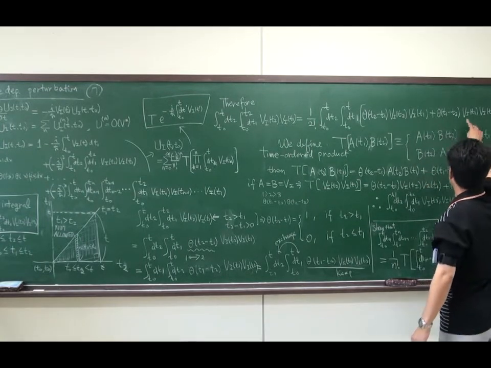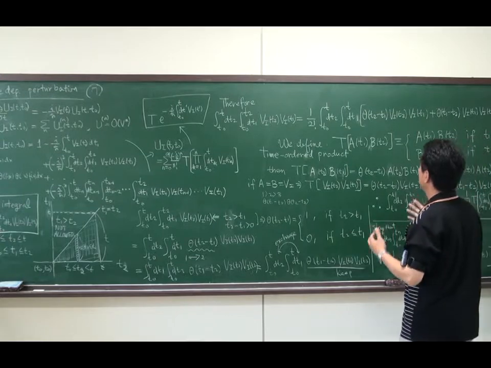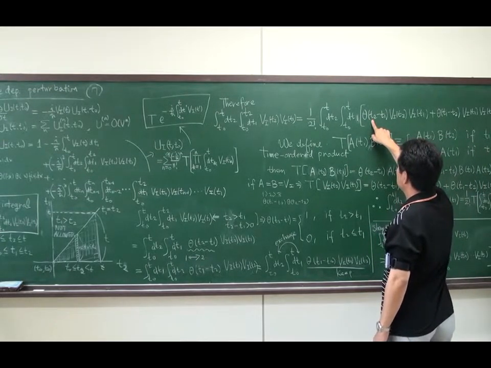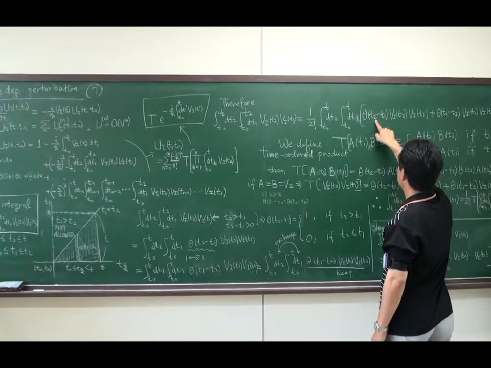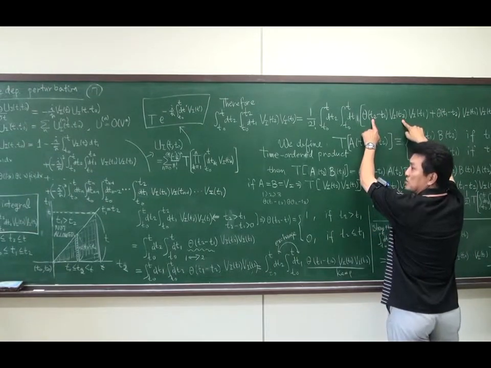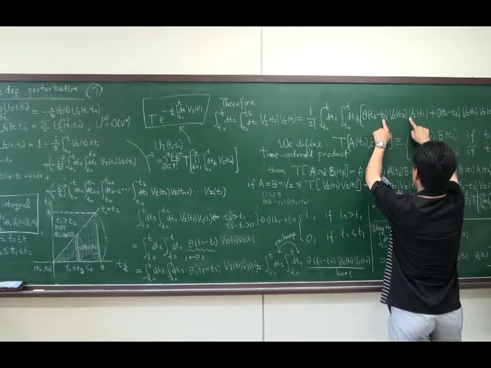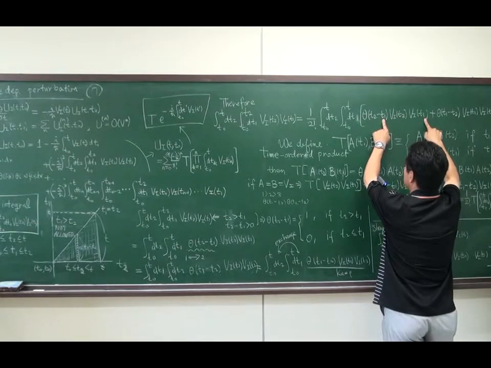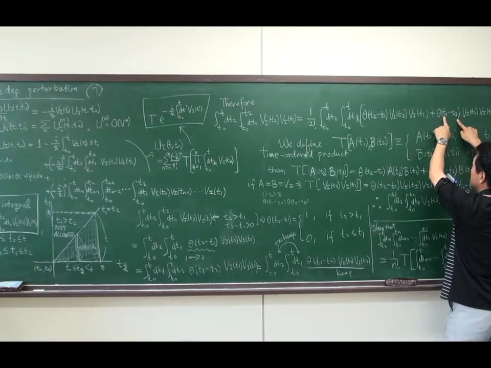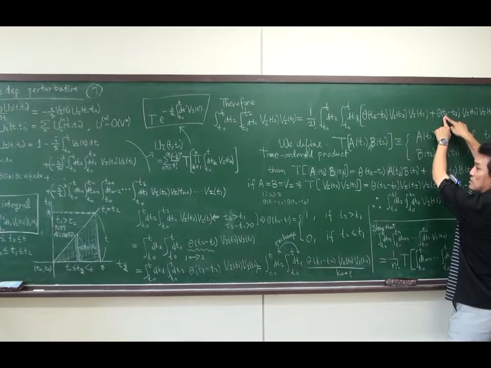The way to remember is that it is the later time. If T2 is greater than T1, V_I with T2, the greater value, must appear on the left side and the smaller value on the right side. And if T1 is greater than T2, then T1 is later than T2, so T1 appears on the left and T2 appears on the right.